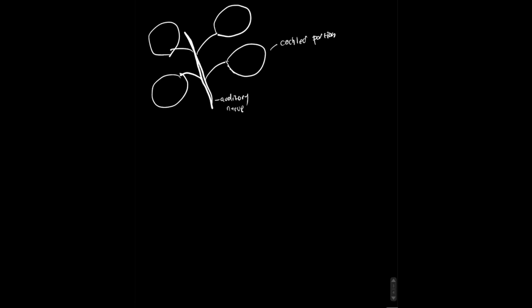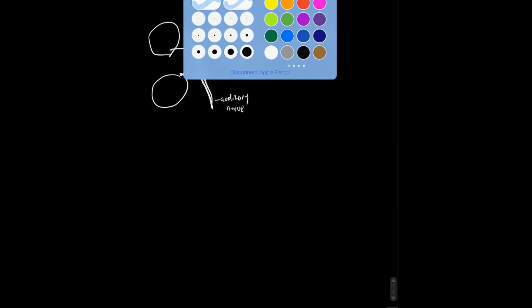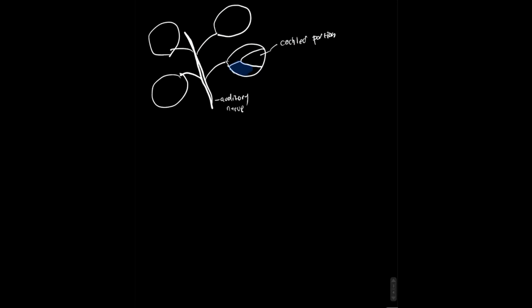More specifically, the cochlear partition is this part inside, and then on either side you'll have some membranes as well. So what that looks like is that this here is extracellular fluid.